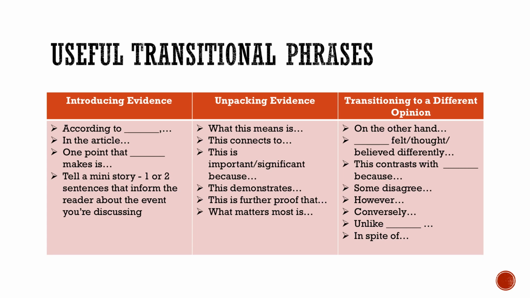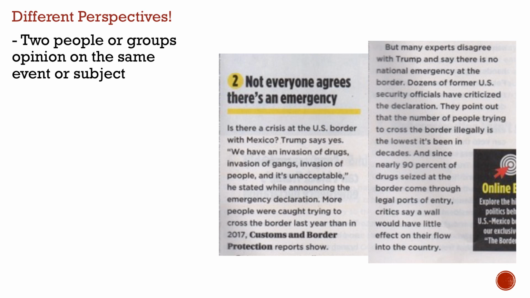Now, this should be a little familiar to you because in our last lesson, I sort of touched on the different perspectives. I showed you this example here from a magazine article where the magazine had presented in the article the opinions of two different groups of people on the same event or subject.